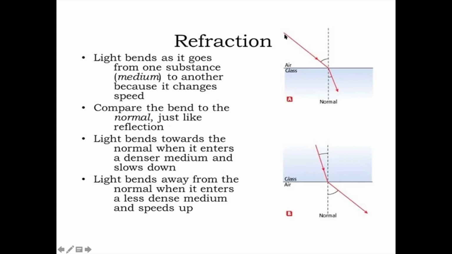So this incident ray is moving from air to glass, so the speed will become slow. And from here, when the ray goes from the glass to outside, the speed will again go up. And in case of the normal, the ray of light is always going to go straight.